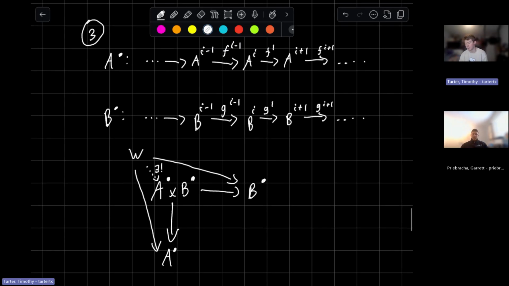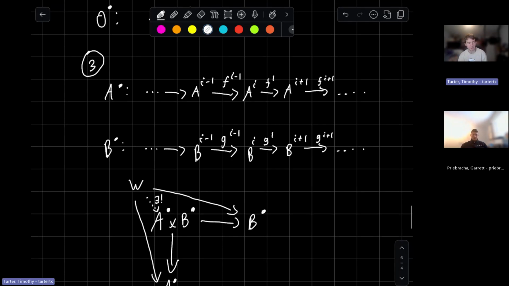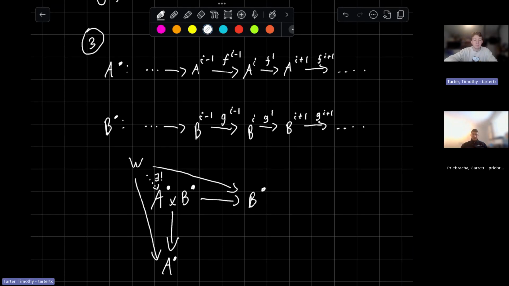I'm actually very not sure how to define the product of complexes. Let me Google it. Okay. Product of complexes. Homological algebra.